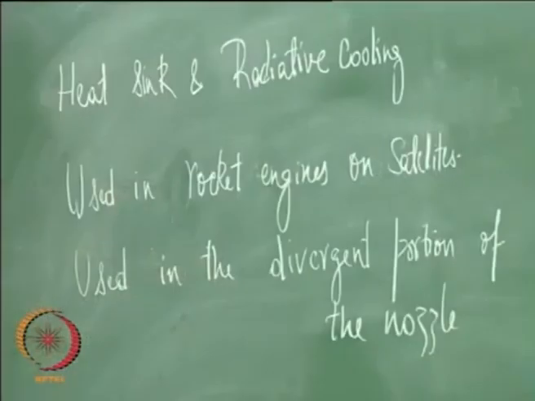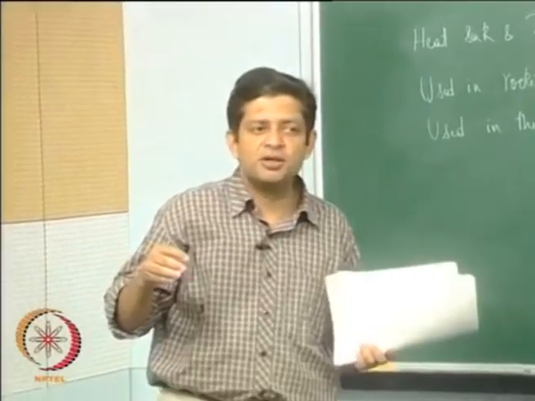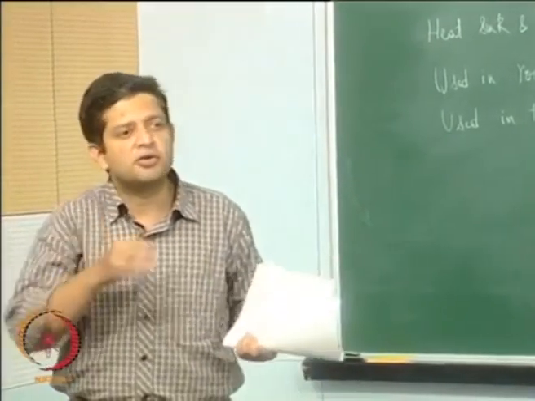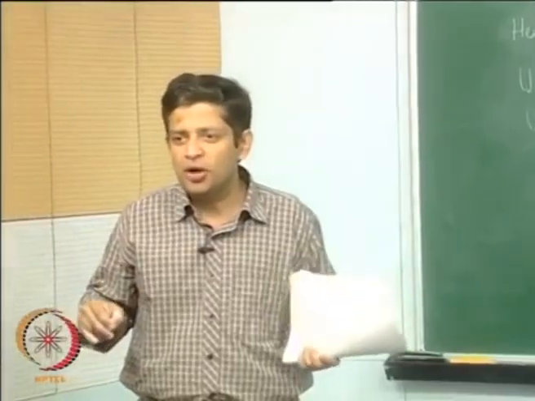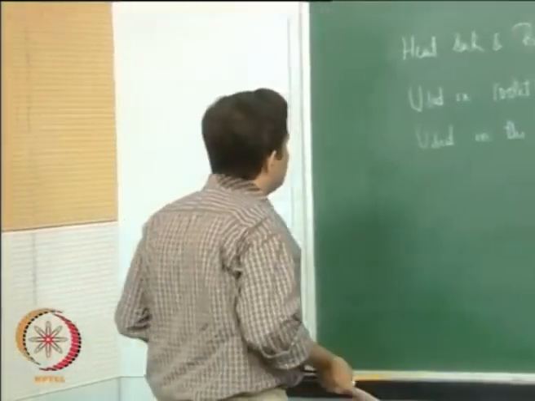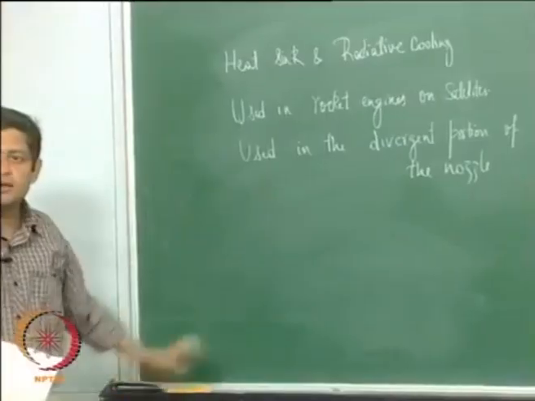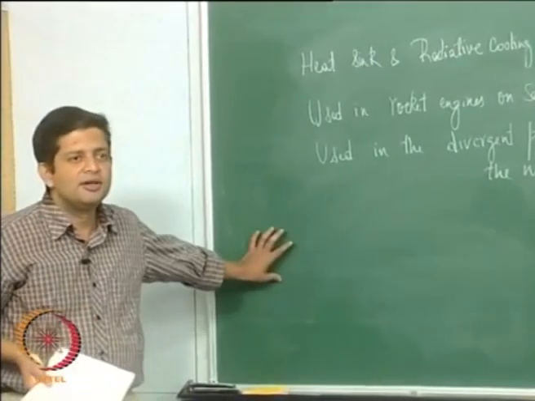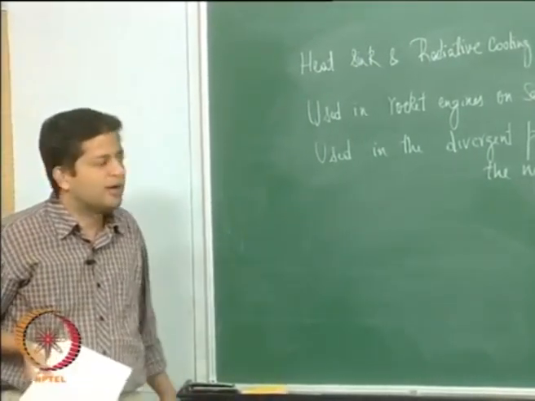If you look at what happens in the divergent portion, we said that the heat transfer coefficient drops after the throat. So in this region you could actually use radiative cooling in order to ensure that the temperatures do not go beyond a particular limit.